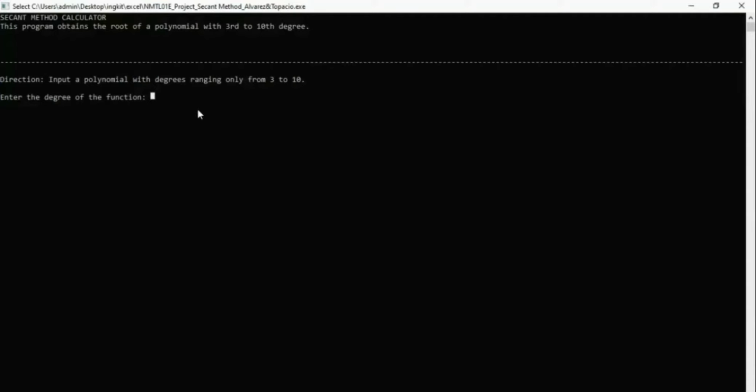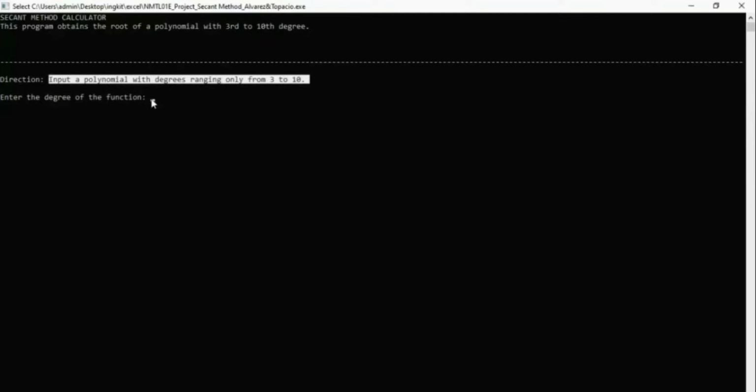As we run the program, here are the following texts that are already printed out. For the title, we have the Secant Method Calculator. This program obtains the root of a polynomial with third to 10th degree. For the direction, we are asked to input a polynomial with degrees ranging only from 3 to 10.